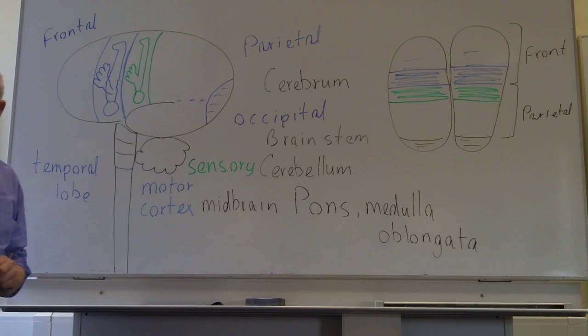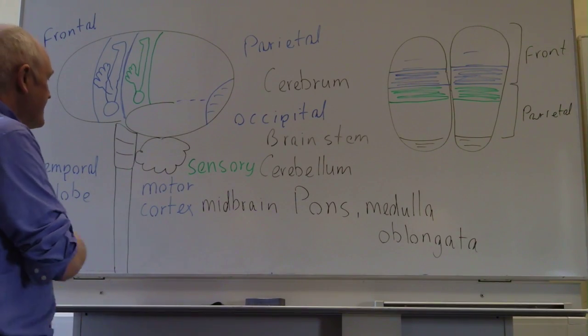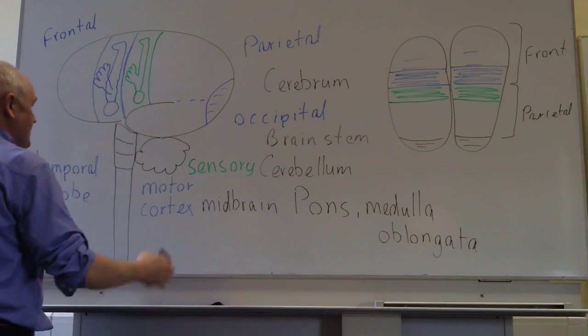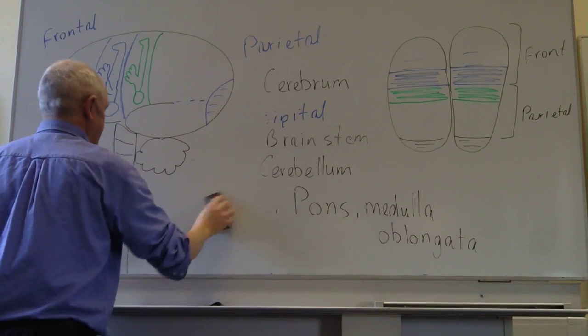Right, is that okay? It's the basic anatomy of the brain. But now it gets quite interesting. So, what would be best to do? I'm going to rub mine out, but you can draw yourselves a new brain.